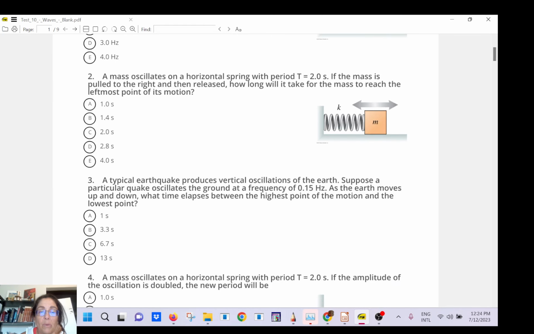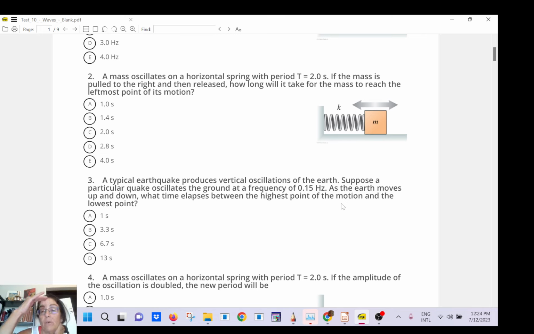So here they talk about an earthquake. You have vertical oscillations, up and down and up and down, and you have the frequency. It's the same question. If you go from the highest point to the lowest point, that will be half of a cycle.